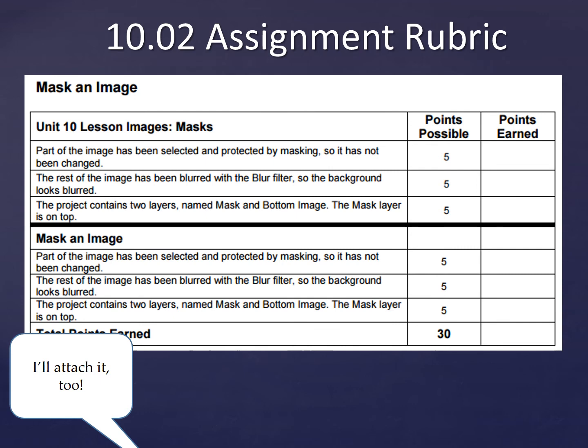Ask yourself, do I have this in my mask? Did I put a blur filter on my mask? Does my project contain 2 layers? The criteria are the same for both images. Just make sure you're completing 2 and following these grading rubric criteria.